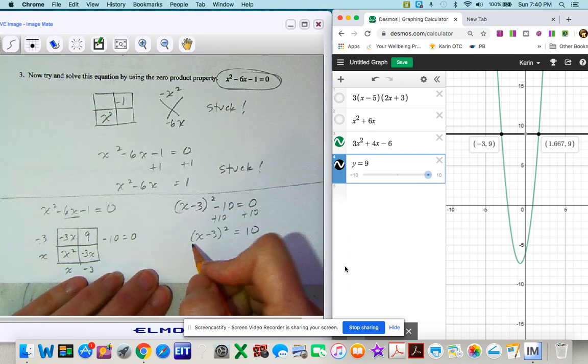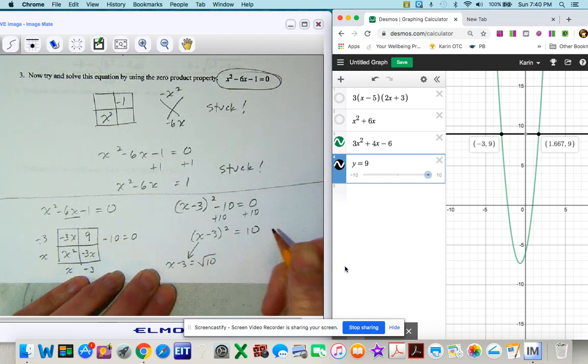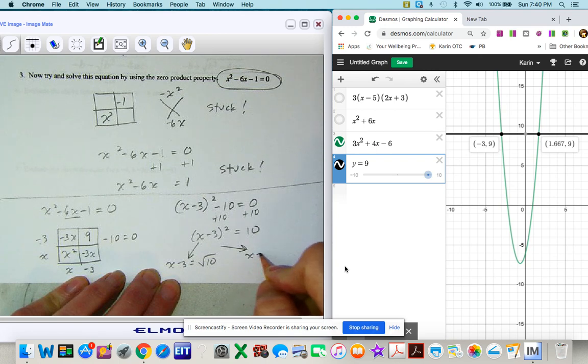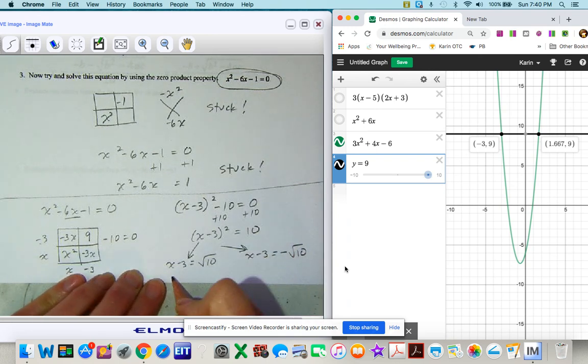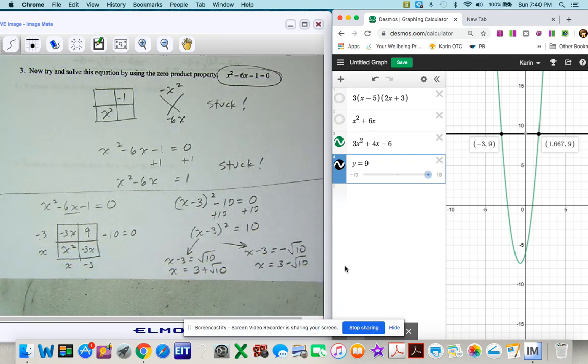Either x minus 3 would equal the square root of 10, or x minus 3 would equal the opposite of the square root of 10. Now to get x, I'm going to just add 3 to both sides. So I get 3 plus the square root of 10 as one solution, and 3 minus the square root of 10 as my other solution.